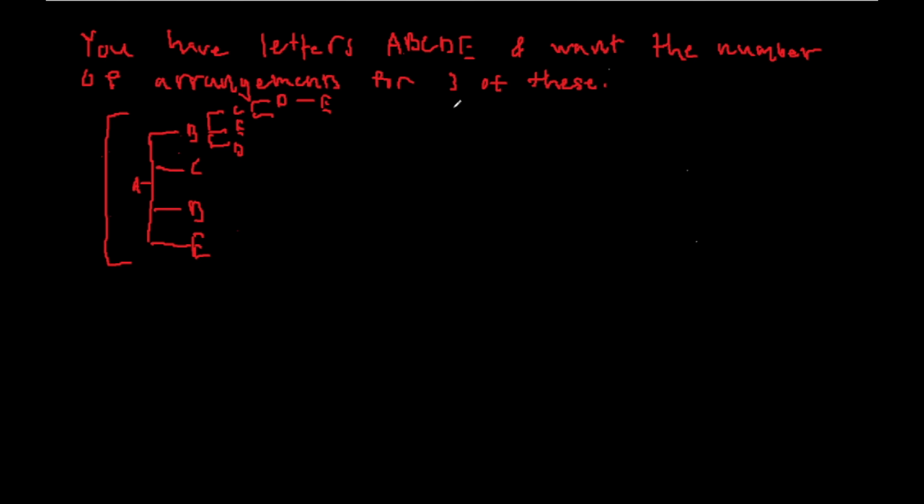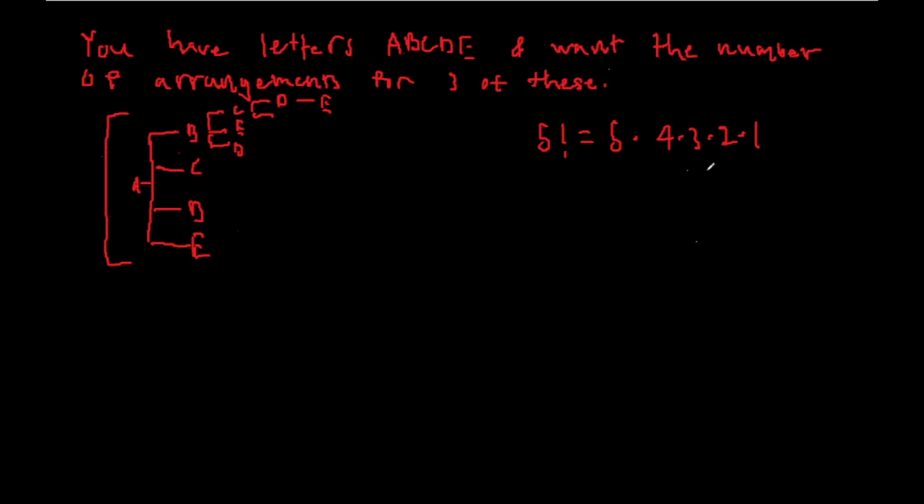It says you want to find the arrangements for just 3 of these, like A, B, and C. If you wanted the number of arrangements for all of them, you do 5 factorial because you have 5 different letters, which is 5 times 4 times 3 times 2 times 1.